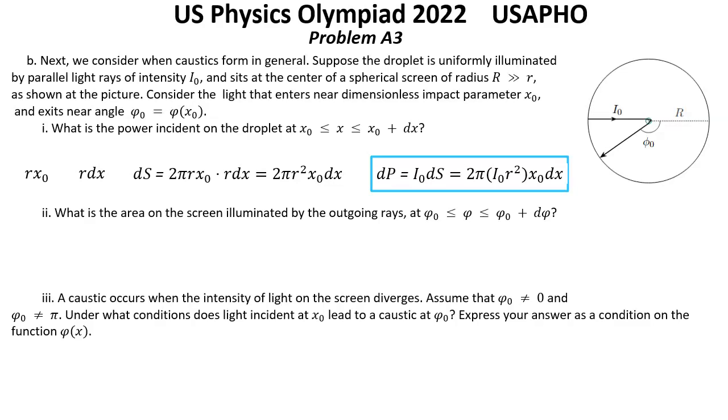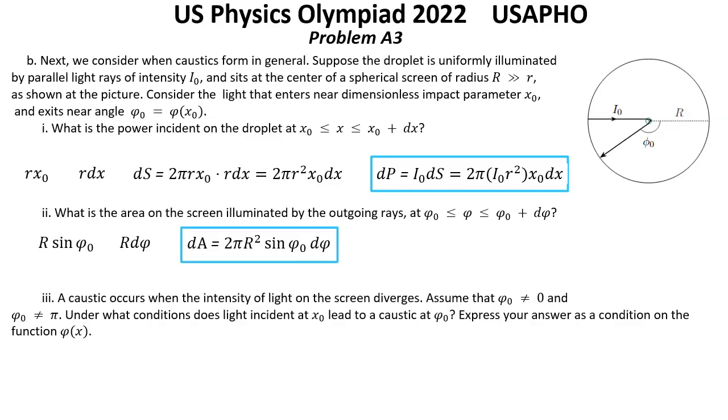Solution: by similar reasoning to the previous part, the radius of the illuminated area on the screen is big R sine phi0, and the cross-sectional width is R delta phi. So the total area will be 2π big R² sine phi0 d phi. That was the solution for the second one.